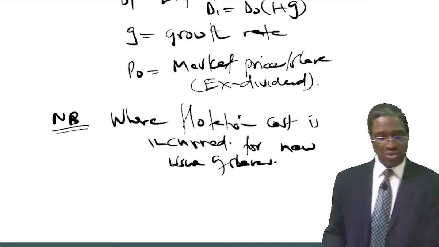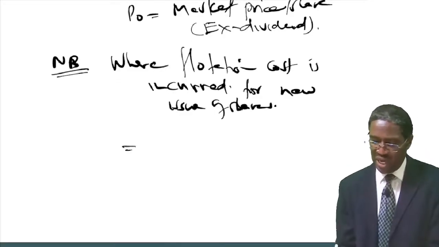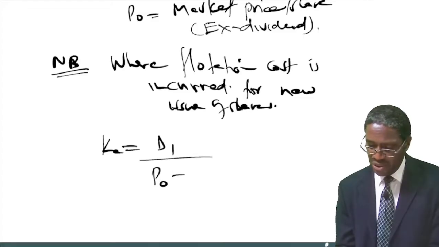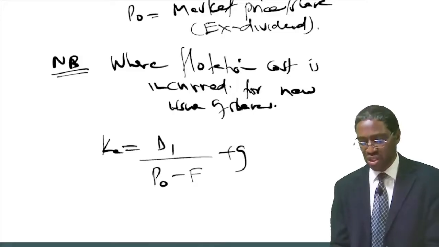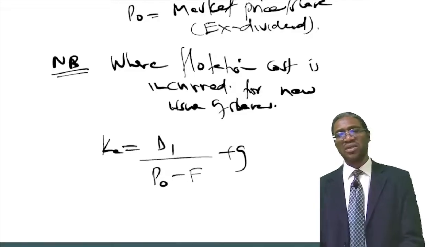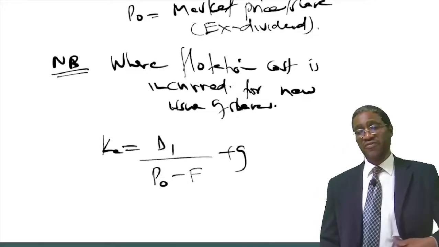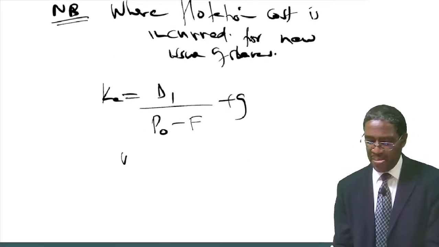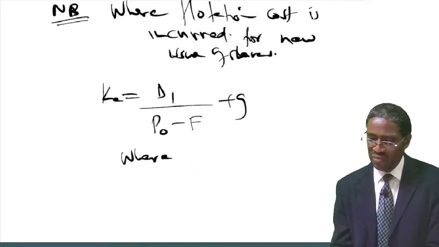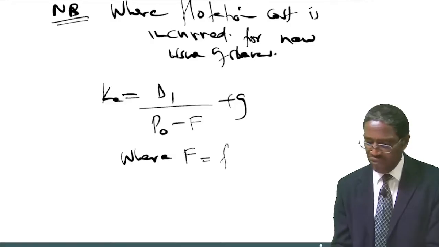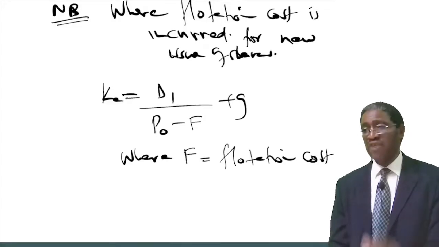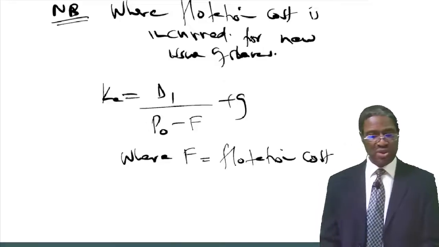So this will be given by KE equals D1, divided by P0 minus F, plus G. So we have only incorporated the F. You can even add there, where F equals flotation cost.